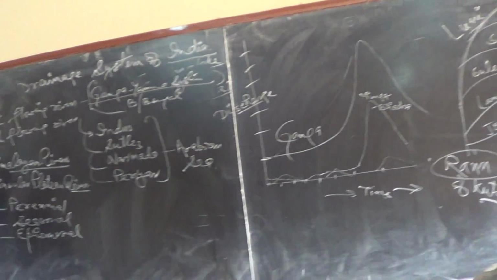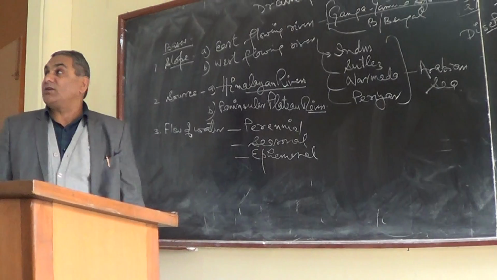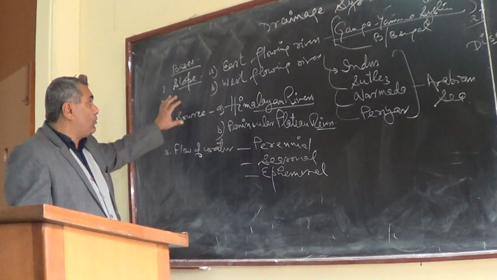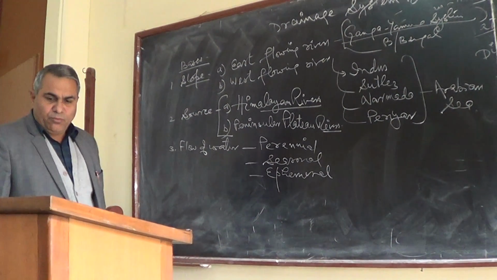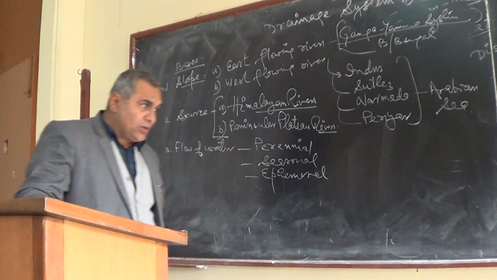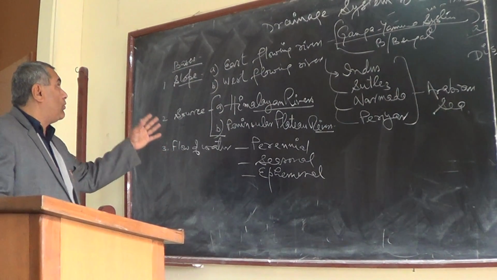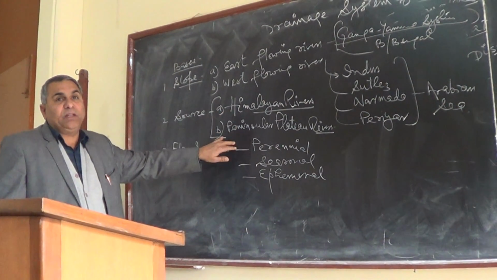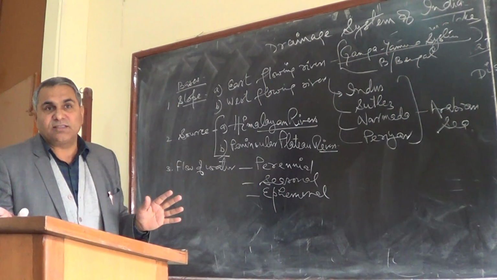So basically I gave you the three bases of the interpretation of the drainage system of India. But the most important is on the basis of source. When we discuss the drainage system of India on the basis of the source of water, whether the river originated from the Himalayas or the peninsula, that would be the best interpretation.